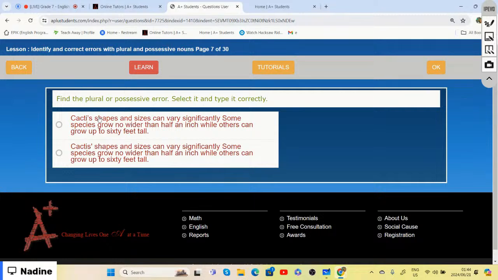All right, and if we were to choose the correct one, we would then say option two, right?